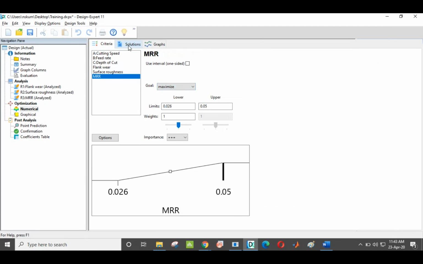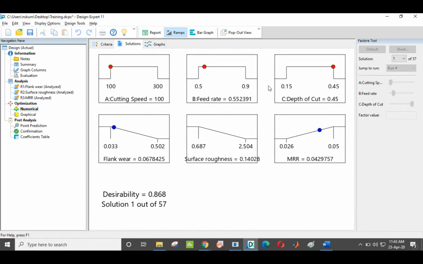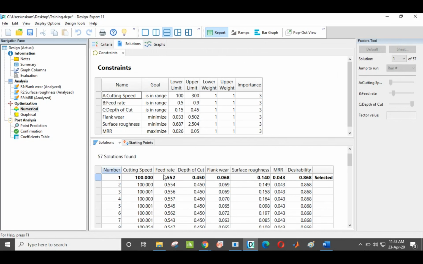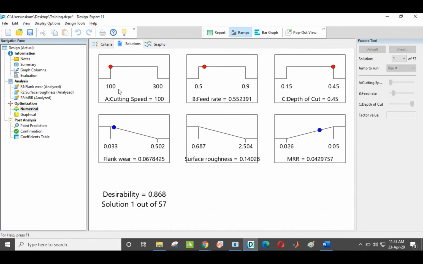Now going with solutions. I am going to click the solutions. So I will end up with a report. First I will have this report. If I want a ramp plot, here it is a ramp plot. So lower cutting speed, lower feed rate. The feed rate is 0.55. In yesterday's problem, in Taguchi, we have considered 3 levels, 0.5, 0.7, 0.9, and of the 3 values, any one of the values will be taken as the optimum condition.